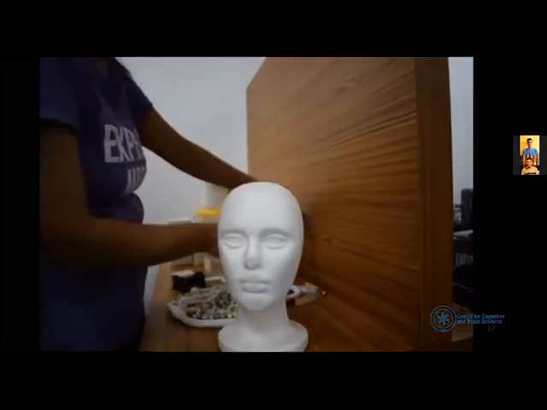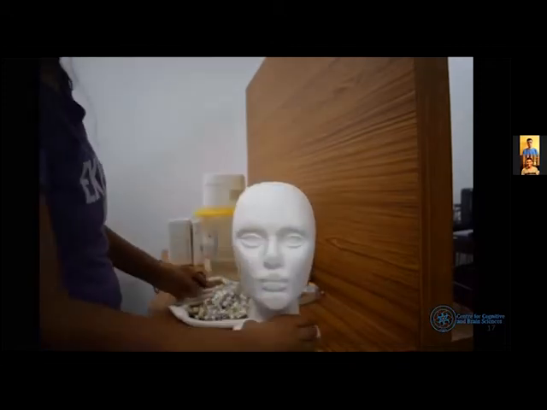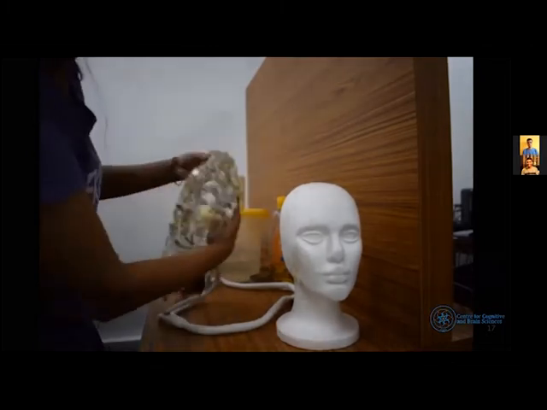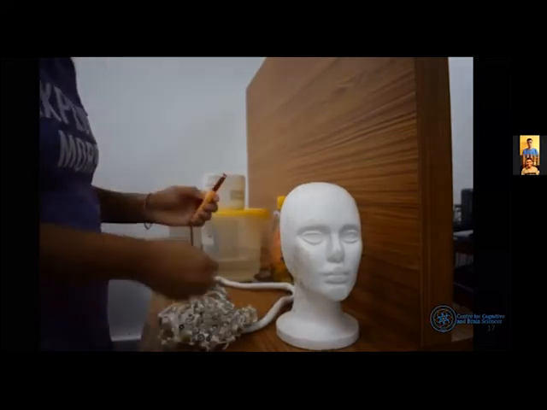So we get an idea of the size of the head. We take the cap and dip it in the solution before we start our experiment.